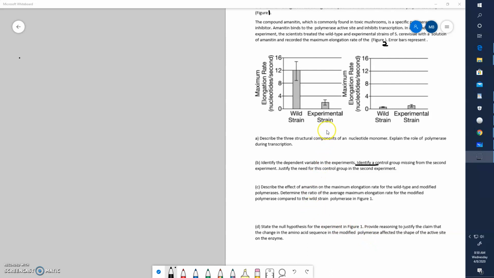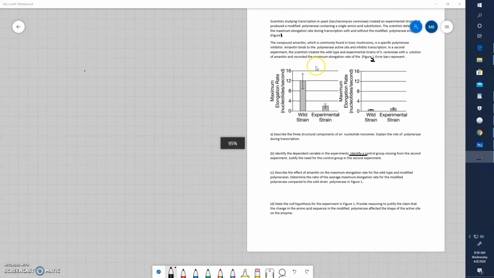So again, let's zoom out here. We have that experimental strain, which has decreased the rate, which tells us that the enzyme's not working as well. So because we decreased the rate, you can say that it's going to be the active site, because that's where all the action happens in the enzyme. Hence decreasing the rate.